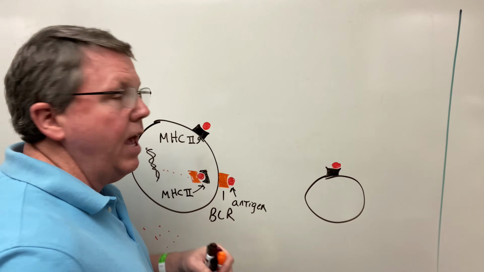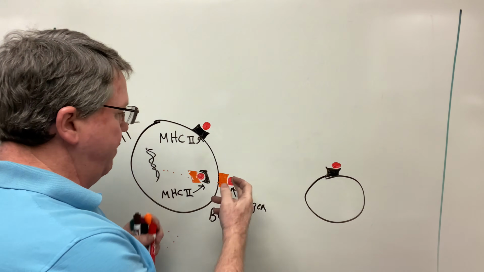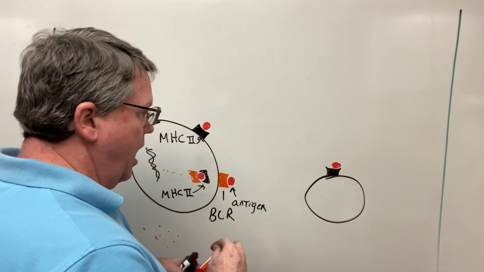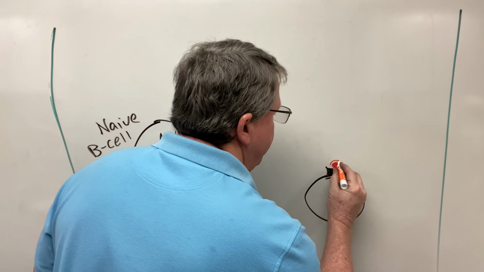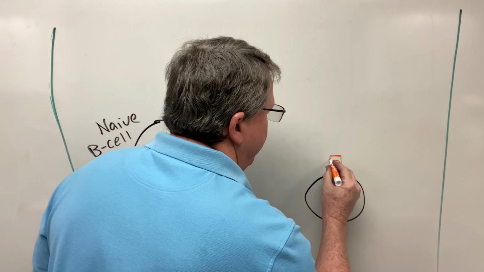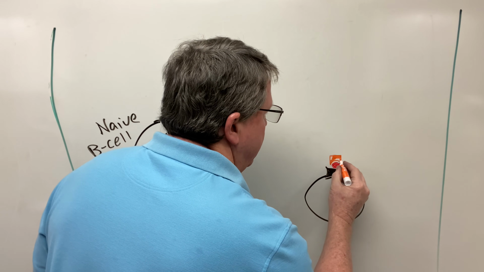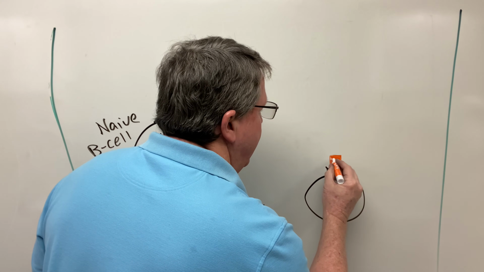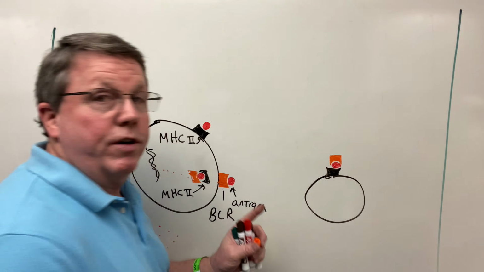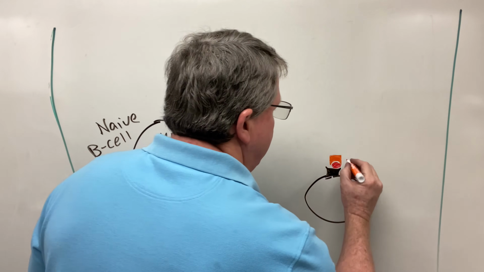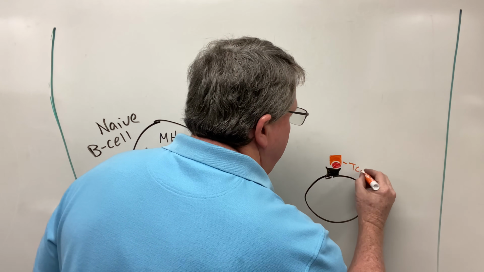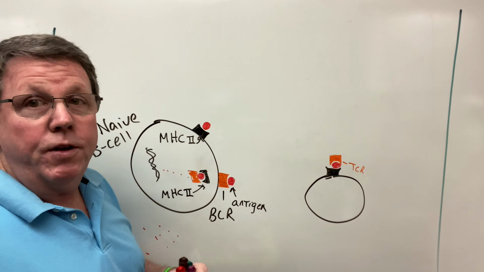Now, what's going to happen is the same thing that happened here. Just by chance, I am going to have a T cell that has a receptor that can fit around this. So there's my T cell receptor, and just like over here, you've probably figured out, we're going to call this TCR, T cell receptor.